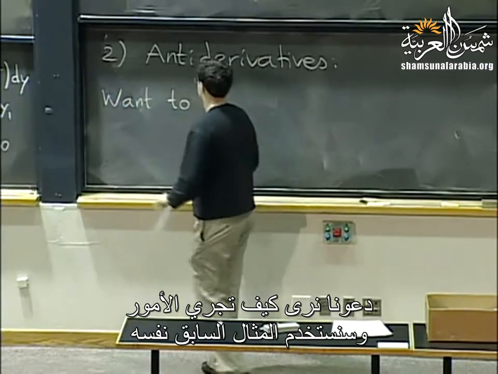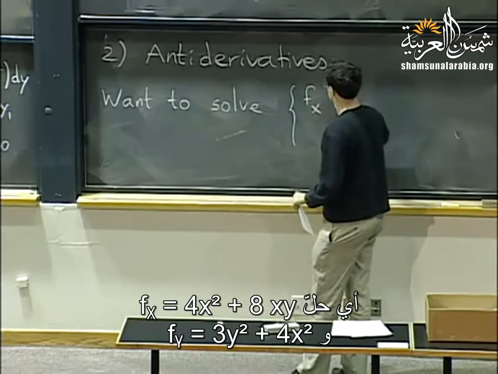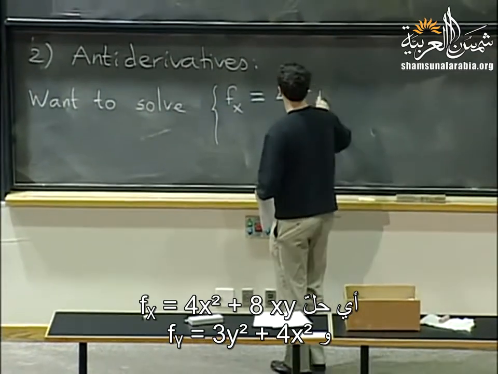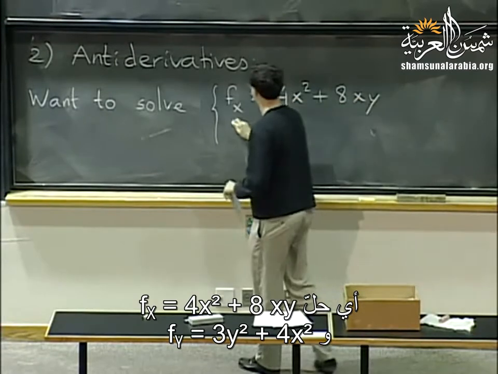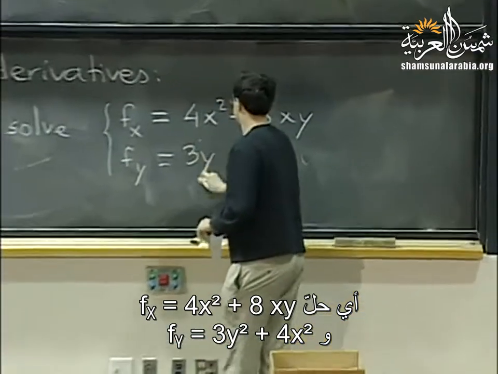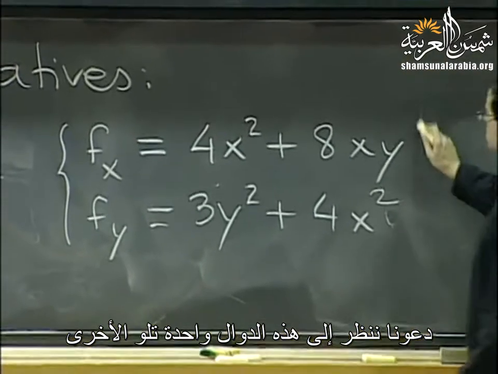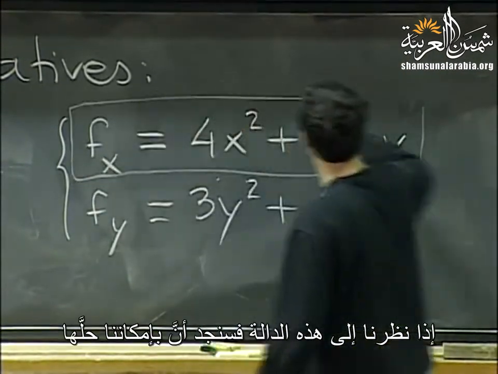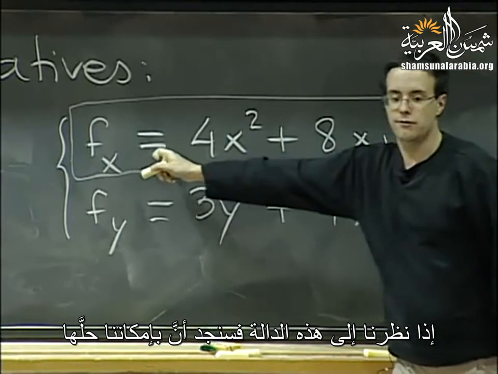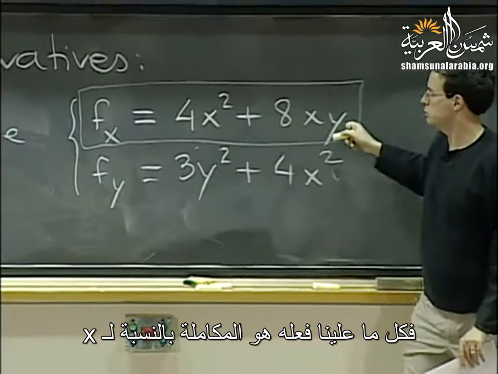Okay, so let's still do it with the same example. So we want to solve the equations. We want a function such that f sub x is 4x squared plus 8xy, and f sub y is 3y squared plus 4x squared. So let's just look at one of these at a time. If we look at this one, well, we know how to solve this because it's just telling us we have to integrate this with respect to x.